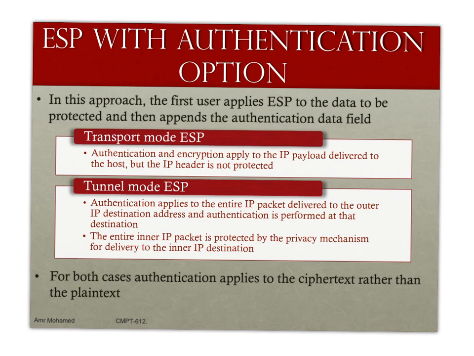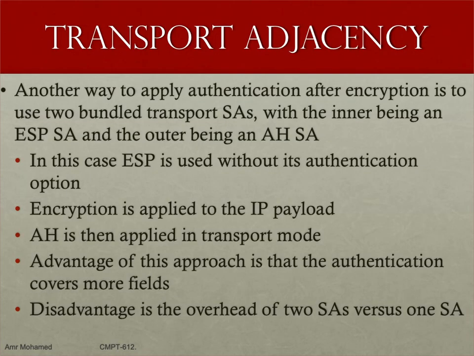In transport mode, authentication and encryption apply to the IP payload delivered, but the IP header is not protected, which makes sense. The IP header itself is exposed. In tunnel mode, authentication applies to the entire IP packet, including the payload and the IP header, and there is the inner IP packet and the outer IP header, which is in that case exposed. So nothing is in fact new here.